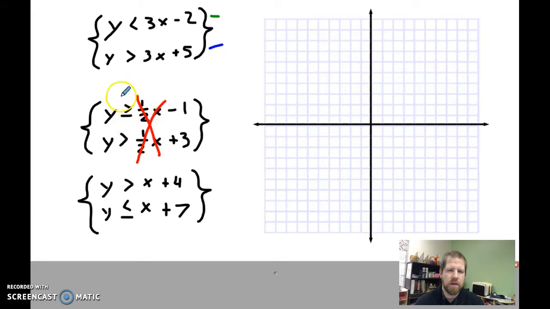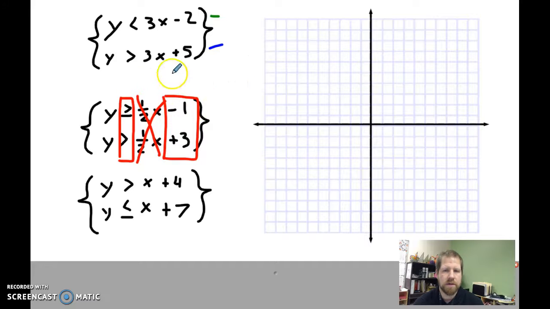All right, so what we're going to be paying attention to are our signs and our y-intercepts. Okay, and I think it does help to at least graph that y-intercept. So this green one is going to be at -1. This blue one is at +3.